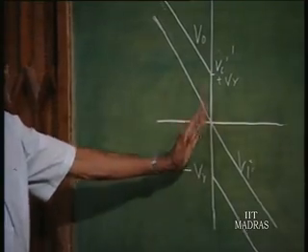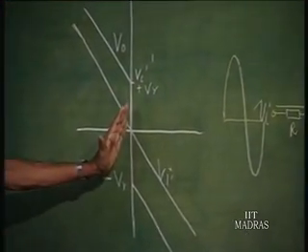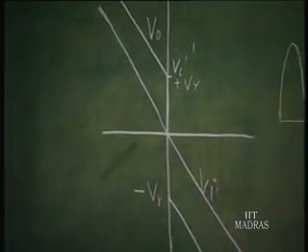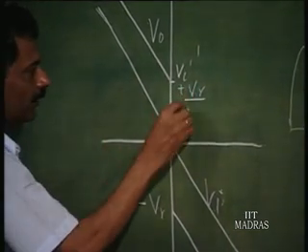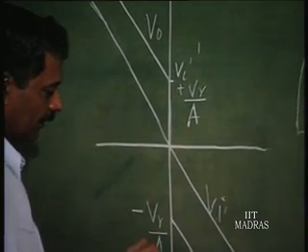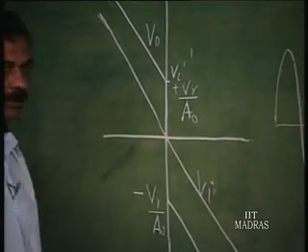That is, if the gain is infinity, this is the jump. If the gain is very high, there will be a certain slope here, okay, and therefore this is going to be V gamma by A naught, where A naught is the DC gain, right.